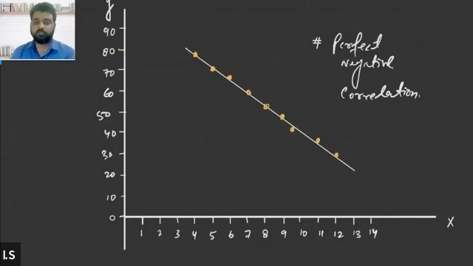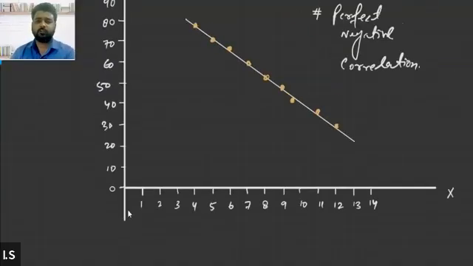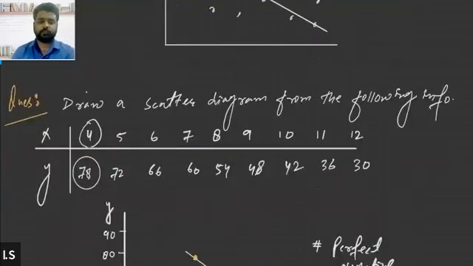Okay, I'm giving you one more question. Just try this one and tell me the kind of correlation that exists there. I'm dictating the question, so could you please write it down? Values of x are 1, 2, 3, 4, 5, 6, 7, 8.